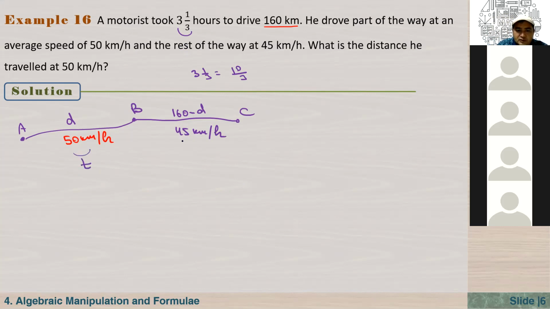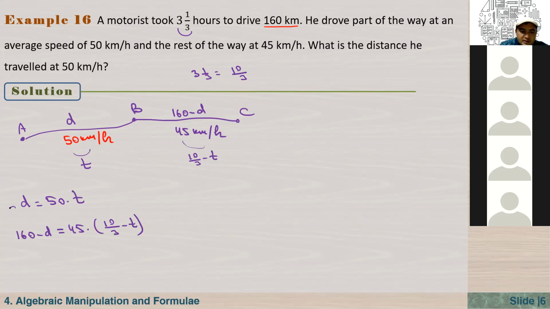For B to C, the remaining time is 10/3 minus t. Now, if we form our equation, the first part, d is equal to speed, that is 50, times time, t. And how about the second part? It is 160 minus d is equal to speed, 45, times time, 10/3 minus t, right?